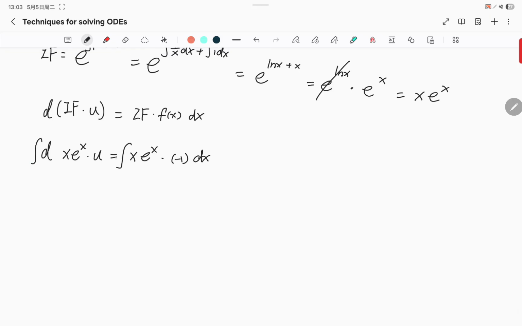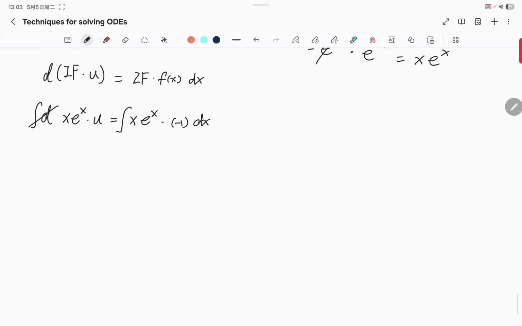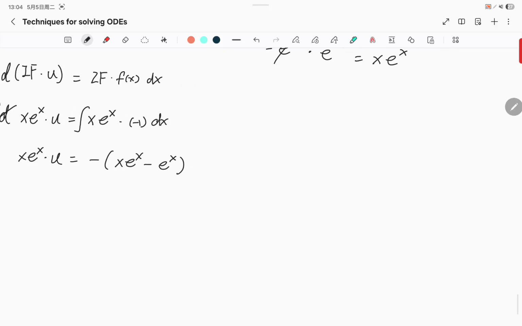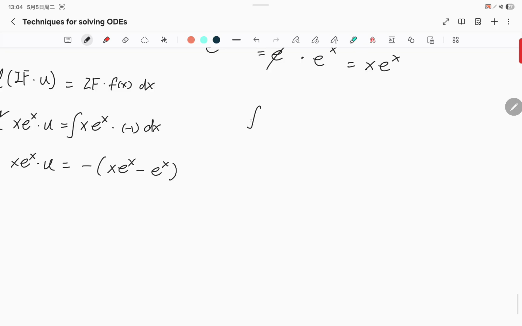Integrate both sides, this is gone, so we have x e to the x times u is equal to the negative integral of x e to the x, which is negative x e to the x minus e to the x.